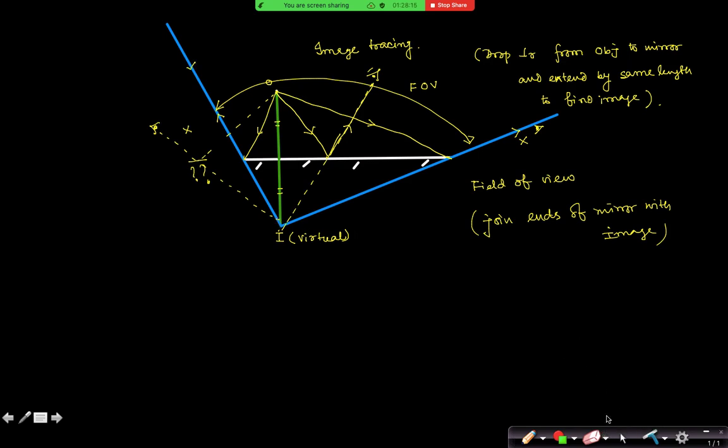Limiting rays means the last ray that is reflected from the mirror can be this one, and on this side, this one. After that there is no ray that can be reflected from the mirror. So in between these two rays lies your field of view. Anywhere you place your eye, you will be able to see the image. Clear this one?